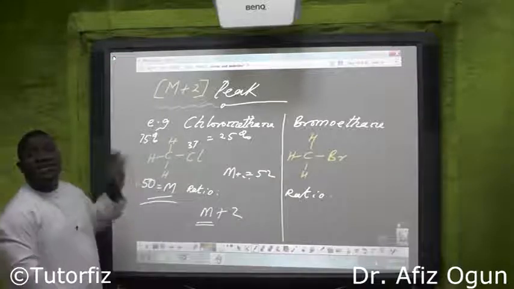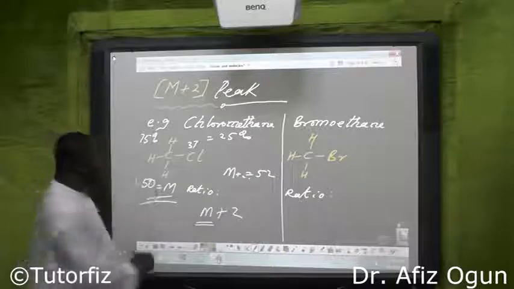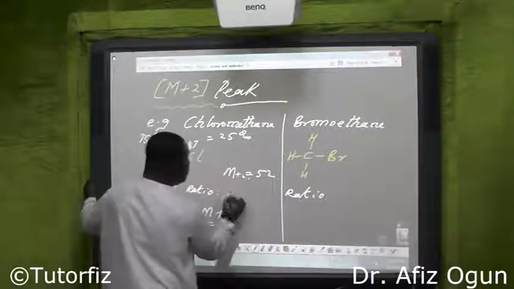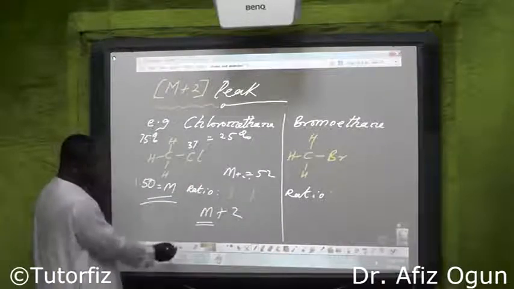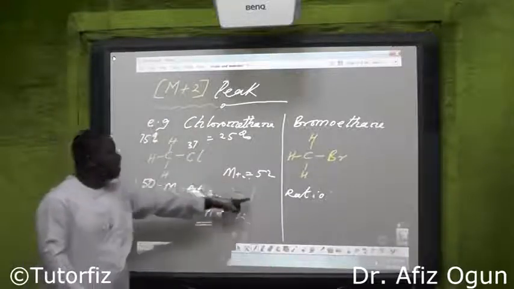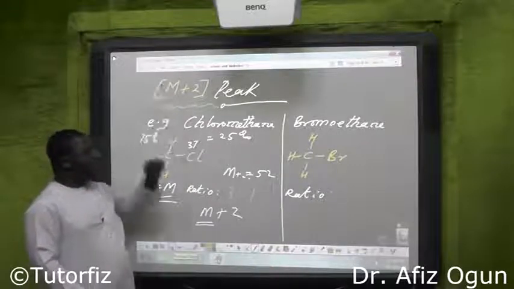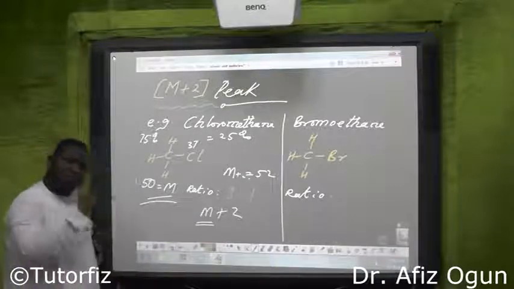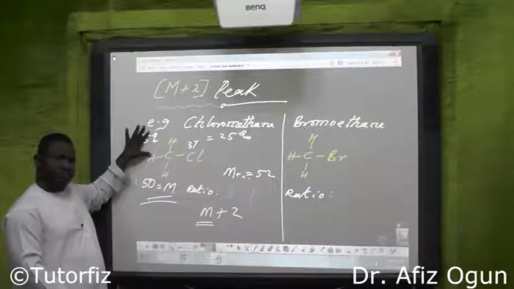You will see that the abundance of M and M plus 2 will be in a ratio of 3:1. The M for the chlorine, the main M, will be higher. It will be 3 times this. The one with chlorine 35 will be longer, 3 times that of the one that is 25%, which is M plus 2. So the M plus 2 will be smaller.